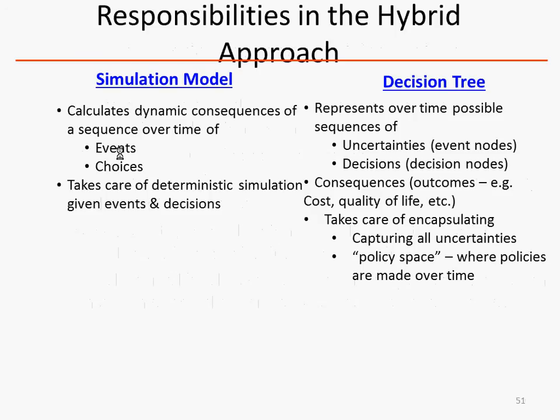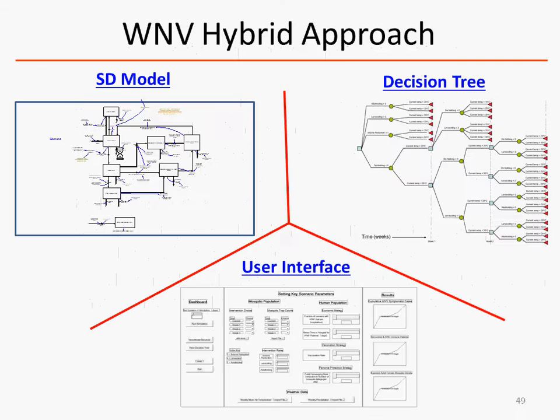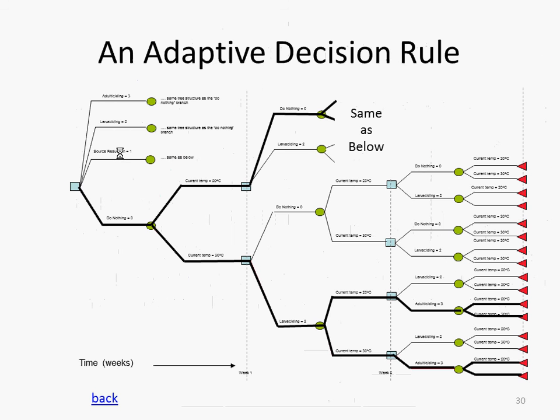So, if we view this decision tree, the simulation model is going to be responsible for these terminal nodes. It's going to be responsible for saying, okay, you note this terminal node here, to make it simpler with the dart. We're going to simulate for this terminal node, and the consequence associated with that is going to come out of the simulation model.